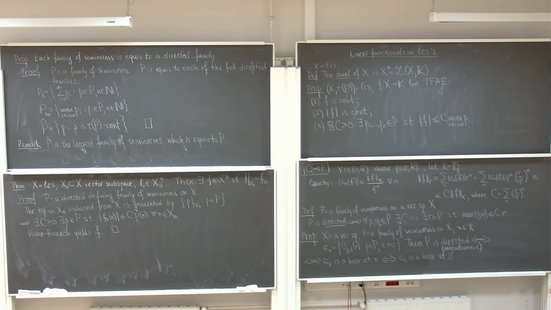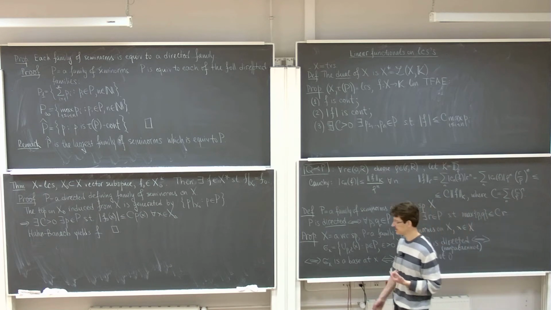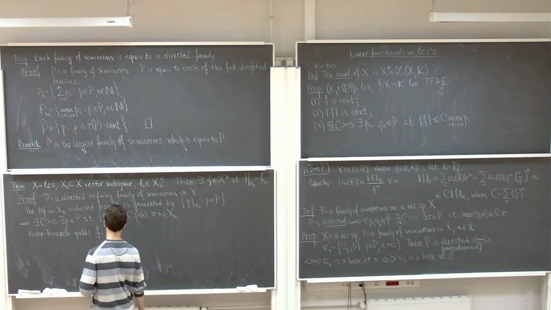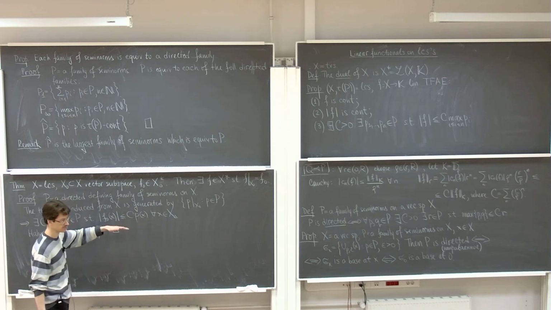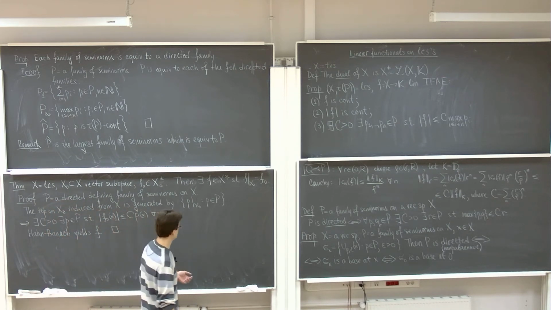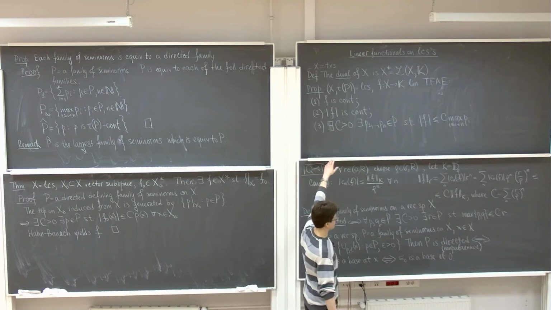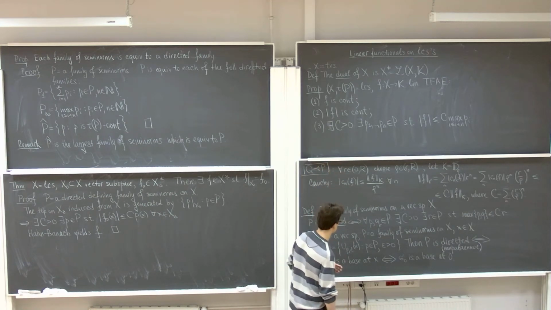If we have a vector space X, a seminorm defined on X, and a functional defined on a subspace X0, such that this functional is dominated by this seminorm, then the theorem states that we can always extend this functional to the whole space such that exactly the same estimate holds everywhere on X. So by the theorem, we can always extend this functional in such a way that the extended functional satisfies the same estimate everywhere. That's the point. And by this proposition, this is equivalent to the continuity of F with respect to our topology.